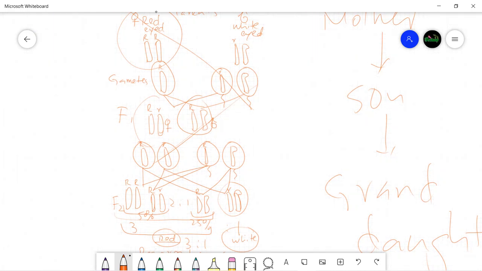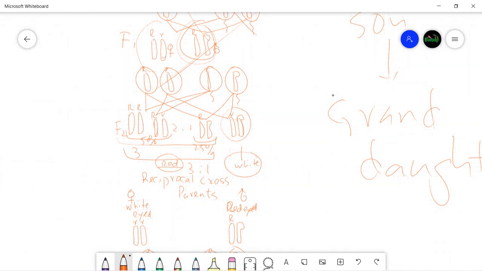So from the mother, this allele, as you can see, is transferred in F1. This is the mother and this is its son. So from mother to son and from son to granddaughter, as you can see, this particular X chromosome is transferred to the daughters.